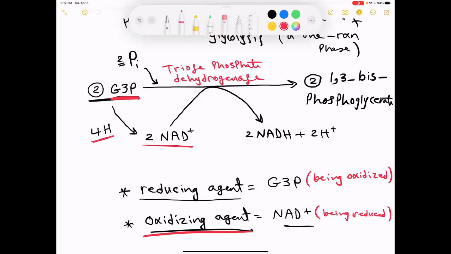The names often are descriptive. So this is the enzyme that is dehydrogenating glyceraldehyde 3-phosphate, which is a phosphorylated triose. A phosphorylated triose. There are other names. Some will actually call it glyceraldehyde 3-phosphate dehydrogenase. That's fine.